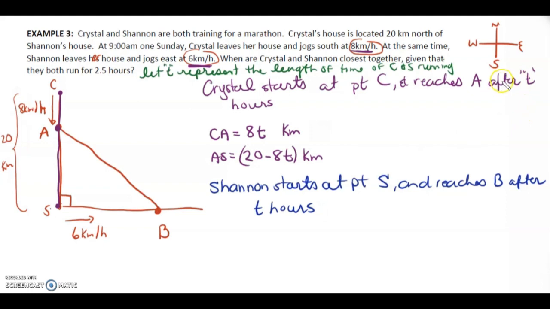And because we're quoting this the same, after t hours, we know that AB is going to be our shortest distance. When we talk about SB, the length of SB is going to be 6 times however many hours run, in kilometers. That's going to be the distance between S and B.